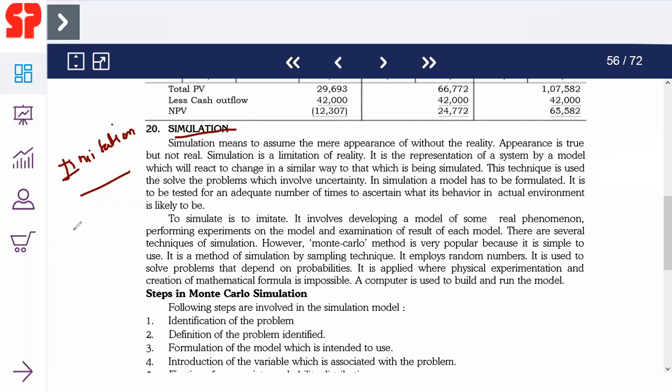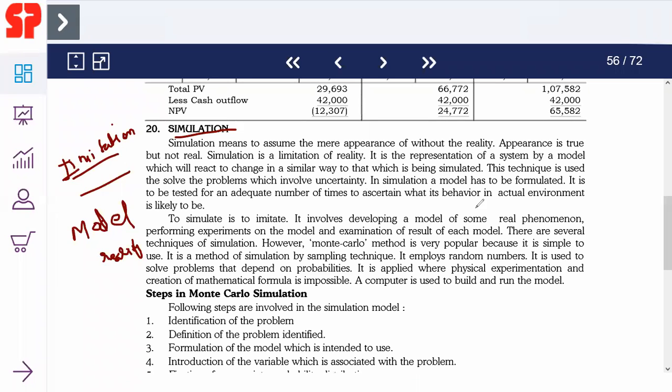You are creating a model of an actual situation for doing some experiment. It is known as a simulation. Simulation is nothing but an imitation of the reality.